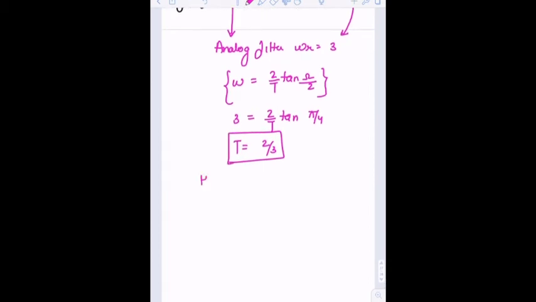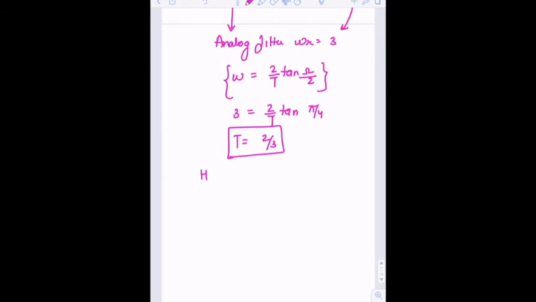Now, as we know, H(z) = H(s), where s = (2/T)(1 - z^-1)/(1 + z^-1).